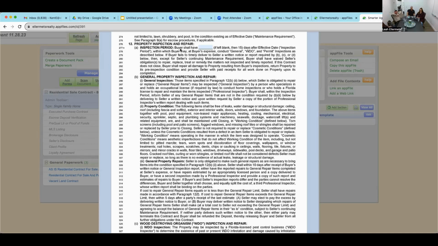So again, it's important to look at this section, and know that from the effective date, you need to get these things done and line them up immediately. All these things are at the buyer's expense, not allowed to destroy things. But if buyer fails to timely deliver to seller written notice or report required, then except for continuing regular maintenance, they've waived their right.